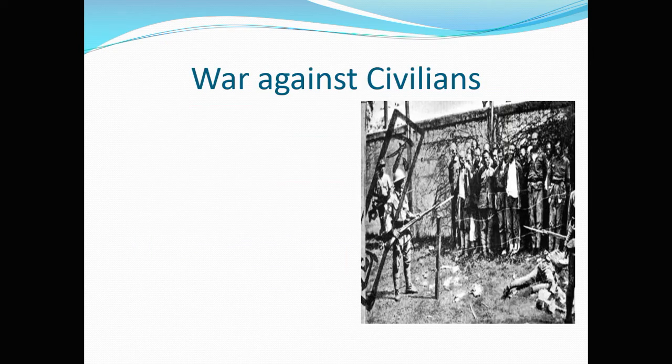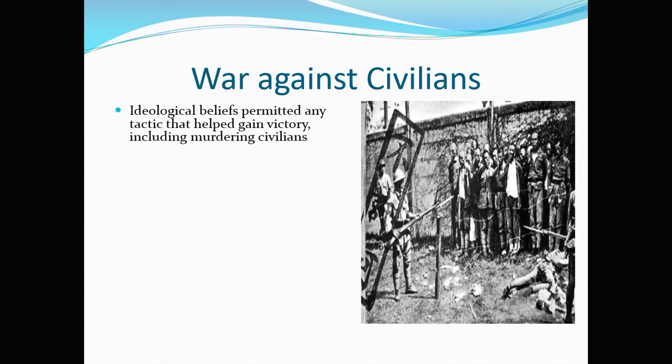And that's actually something that marks the Second World War out as different from previous wars, certainly different from the First World War, in that there was a great willingness on the part of many nations, particularly the Nazis, but not exclusively the Nazis, to target civilians as well. And this was partly due to ideological belief. Obviously, the Nazis had a racial hierarchy worldview in which they saw themselves as superhuman, and they saw other people as inferior, as Untermenschen, subhuman, to use their term.